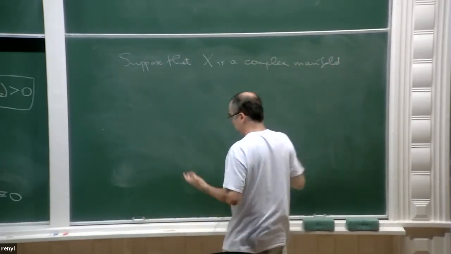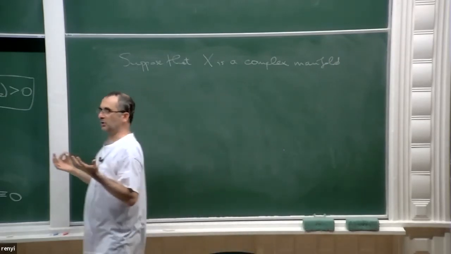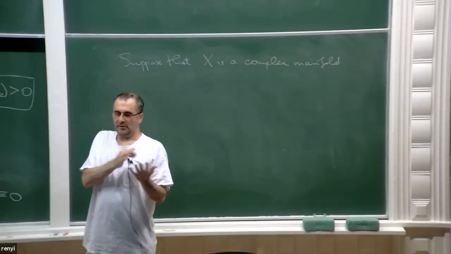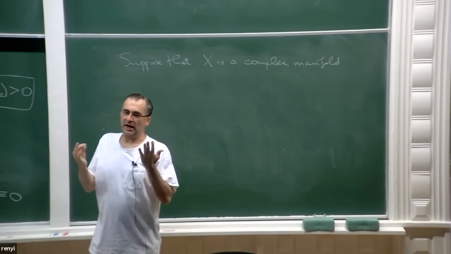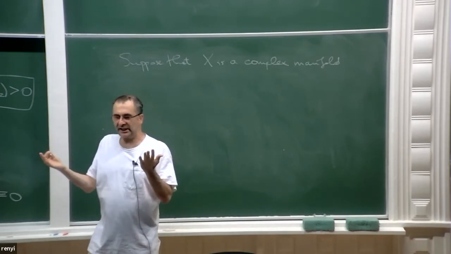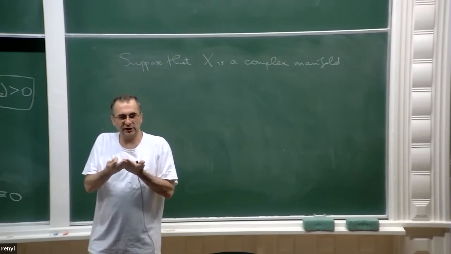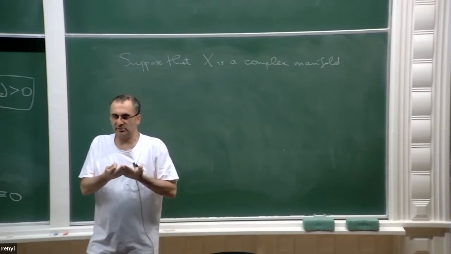So this just means that instead of having local charts corresponding to Rn, we do have maps which take you to Cn, and when you go from one chart to the other, then the maps are not only differentiable, but they are complex differentiable.